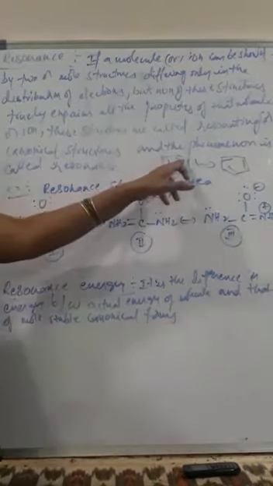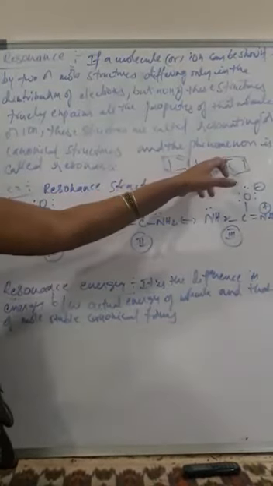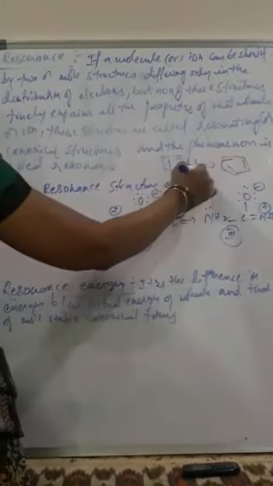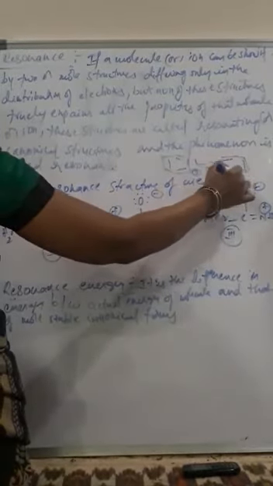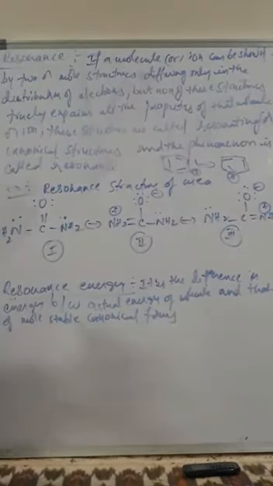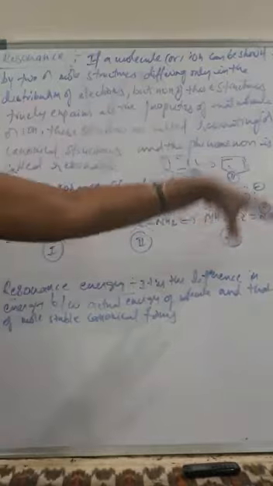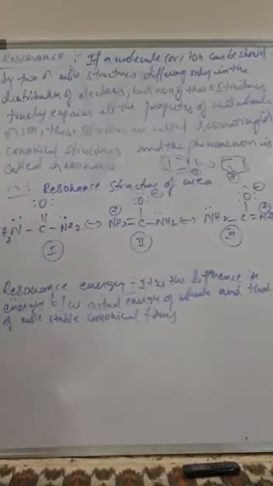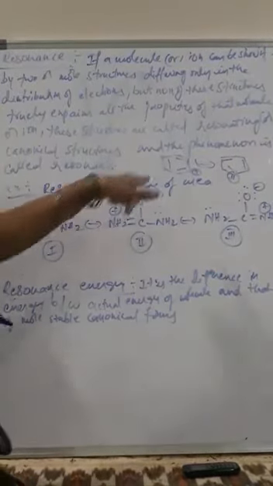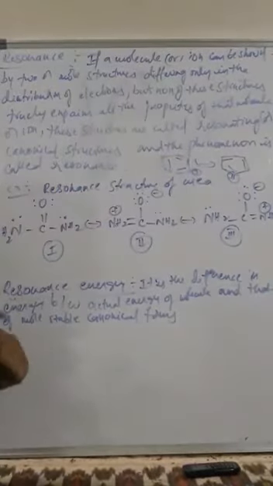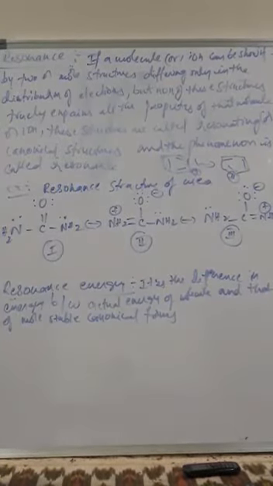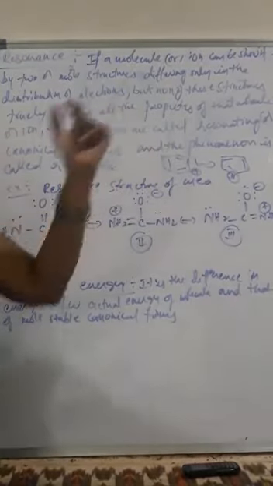Here the pi electron distribution is different in these two structures, for example number 1 and number 2. And none of these structures completely explains the properties of benzene. So these are called canonical structures or resonating structures, and benzene shows the phenomenon of resonance.